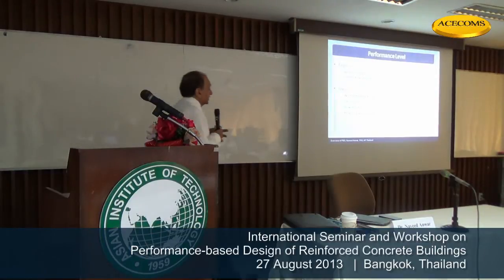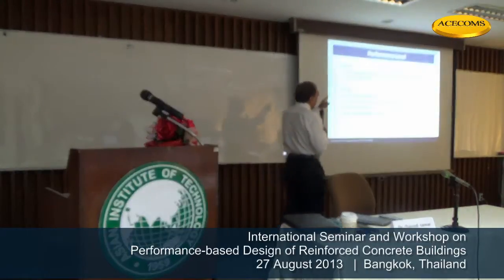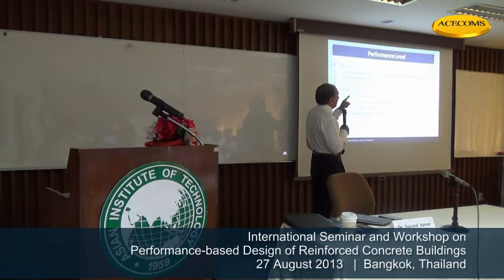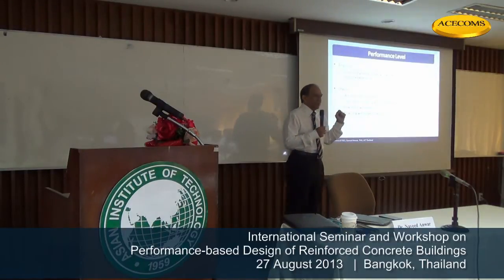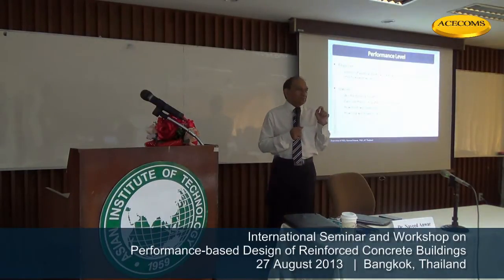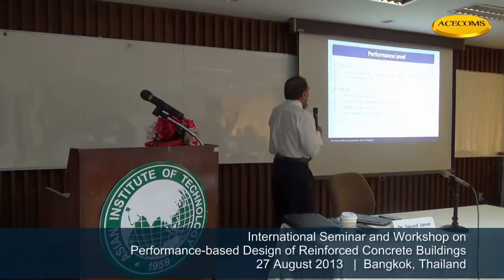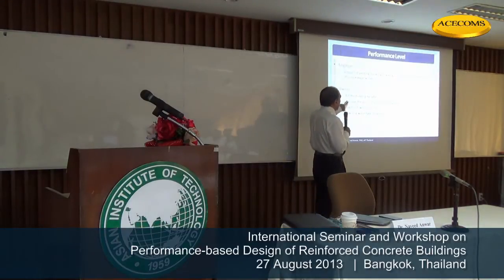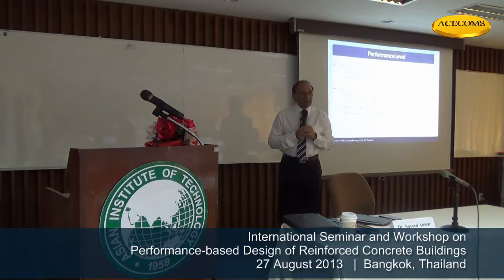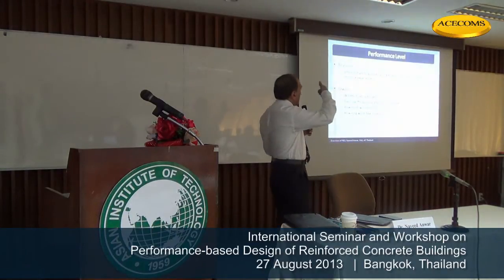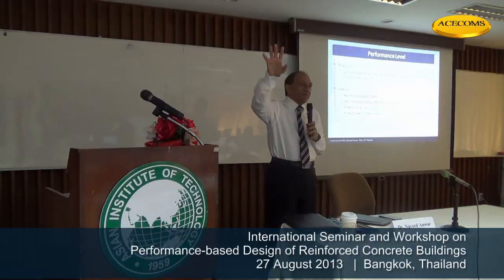So the engineer can say, yes, I can look at the yielding, buckling, cracking, deformation and so on, because that's what he knows, that's his language. The owner can say, will the building be safe? Can I use the building after the earthquake? How much will it cost? And so on. So now the damage information that the engineer has and this can be related together. Because yielding, buckling of members can be limited.